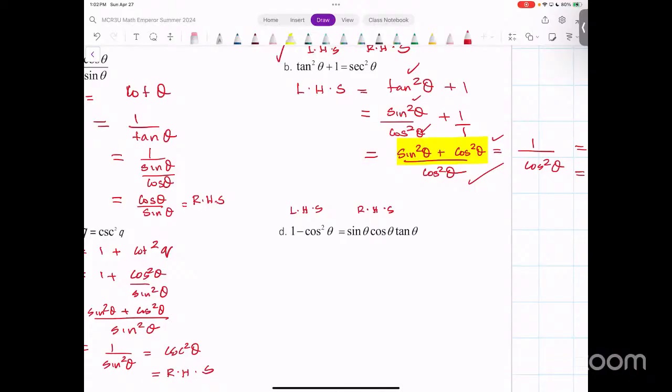Correct, more ratios. Can you guys take the right-hand side, replace the tan by sine over cos, and try to get the left-hand side? Let's see what will happen when you do that.